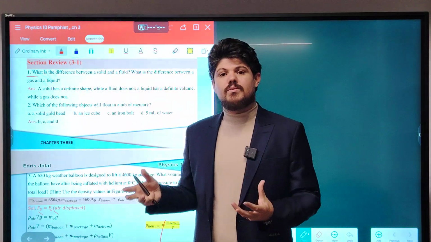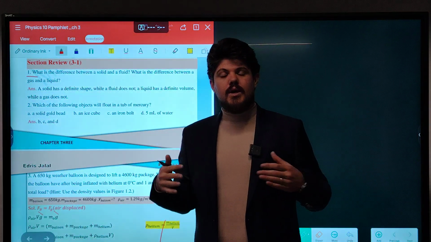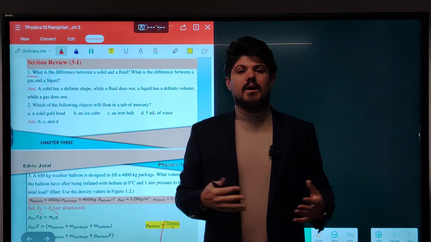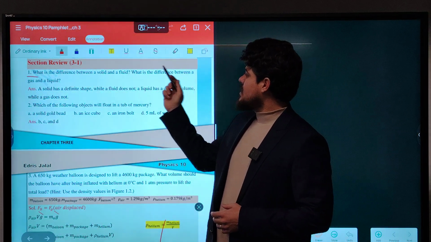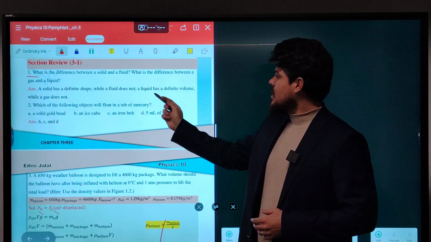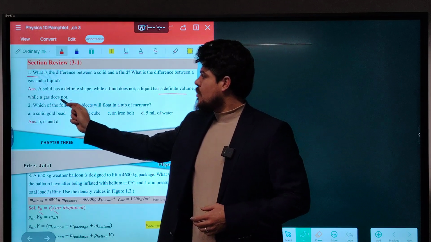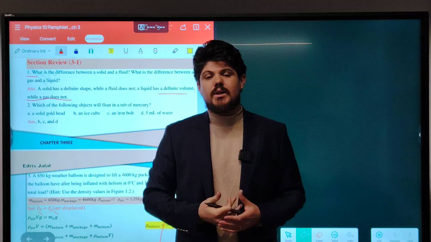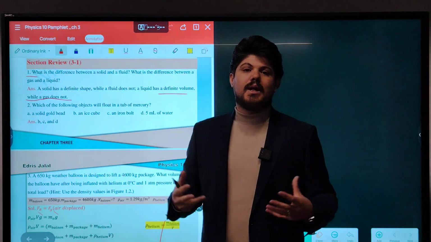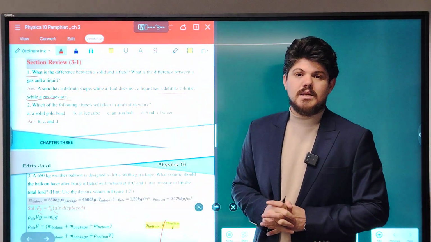So the difference between fluid and solid is in the shape. How about the difference between gas and liquid? Liquid has a definite volume while gas doesn't. So the difference between gas and liquid is in the volume.